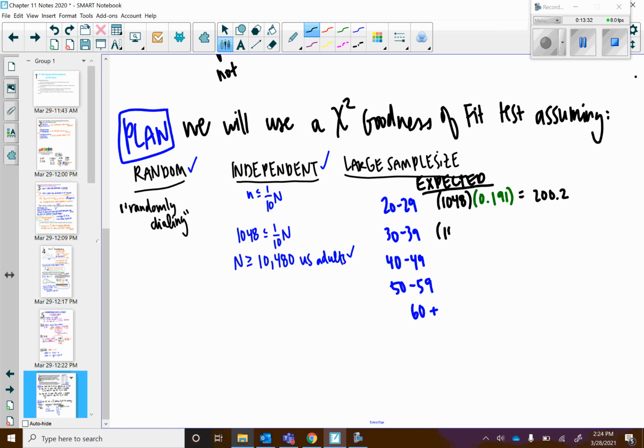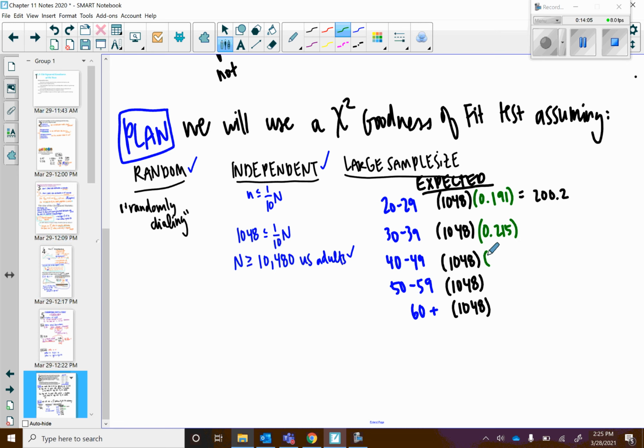We would expect 1,048 times the same distribution as above. So there were 21.5% in their 30s, so that means times 0.215.